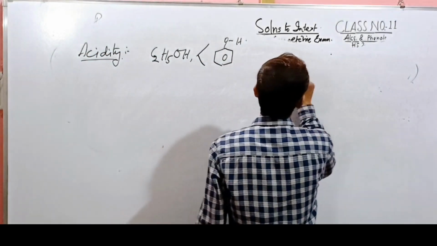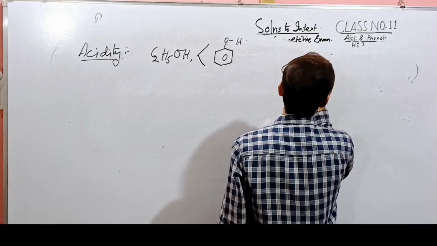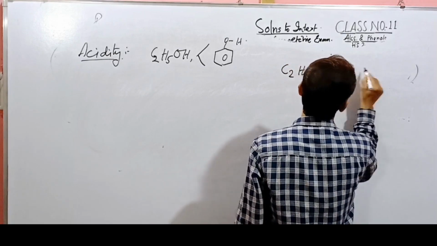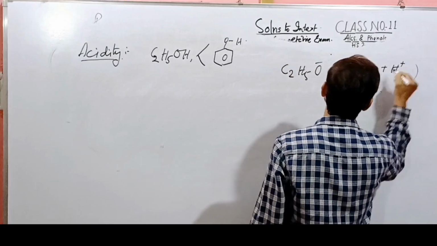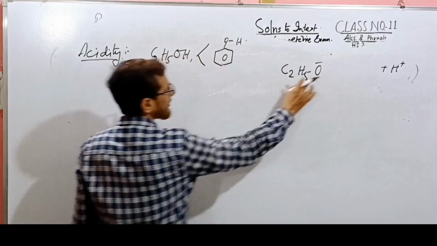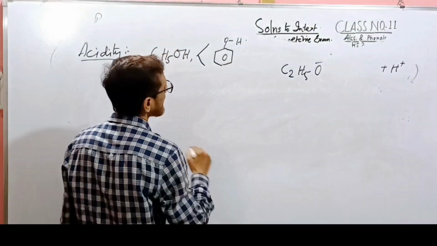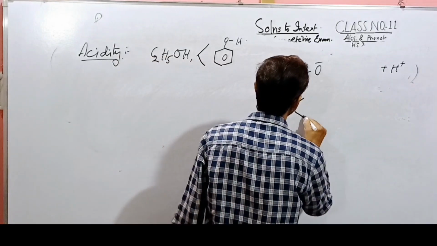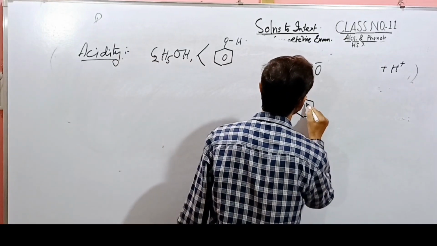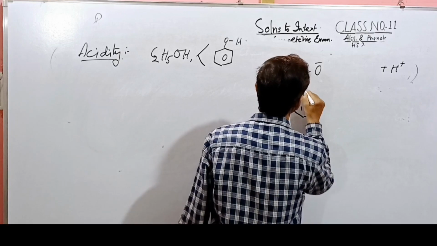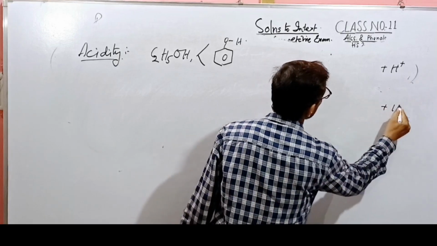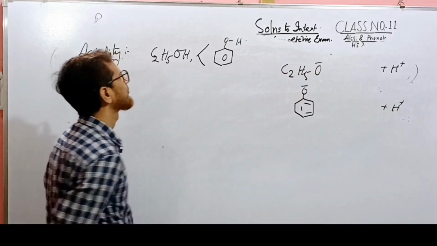Ethanol is an acid and it loses one hydrogen as a proton. The alkoxide part is the ethoxide ion, and when phenol loses one hydrogen it becomes the phenoxide ion.